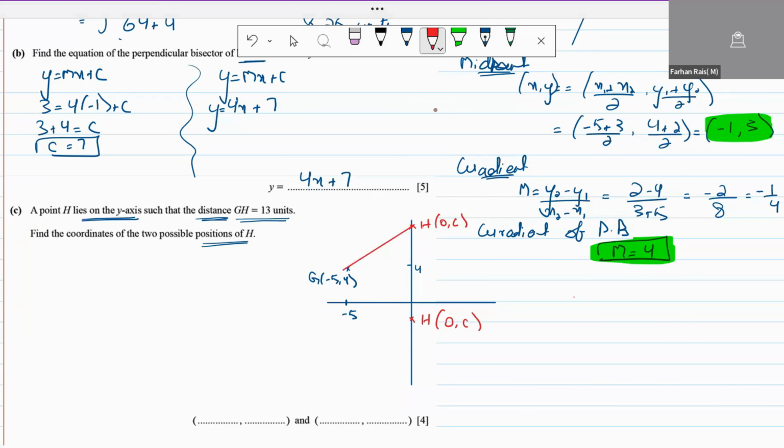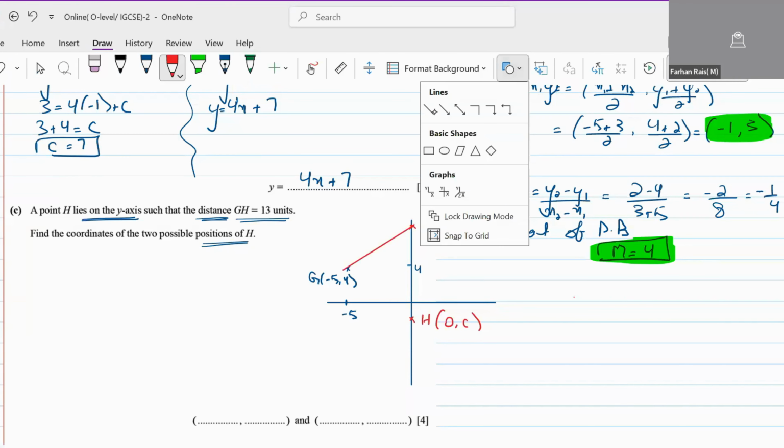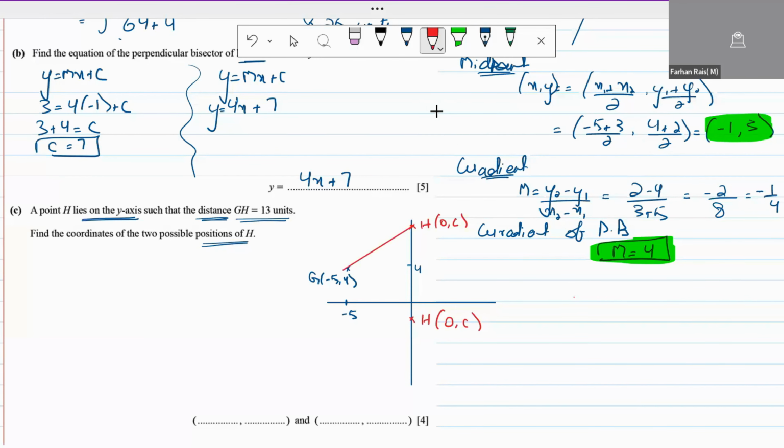As per the given condition, the length has to be 13 units. So these are the two possible places where we can have H. Either it's above or below, the length is 13 here, so either it can be 13 here or 13 here.